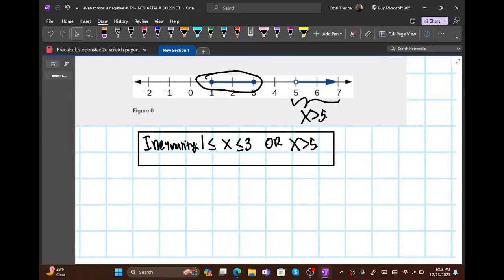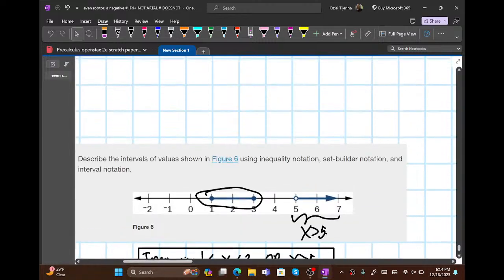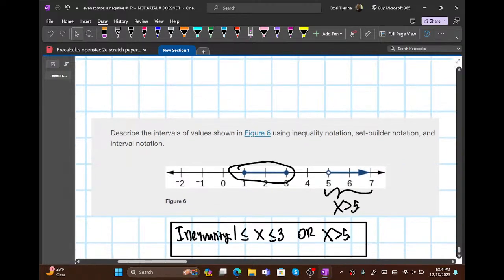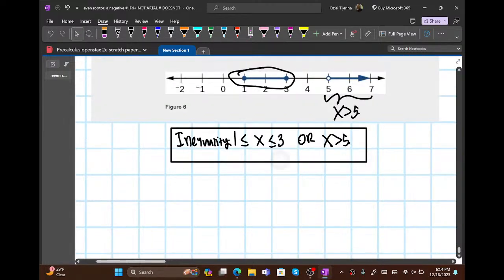Now, in set builder notation, we're going to do the following.